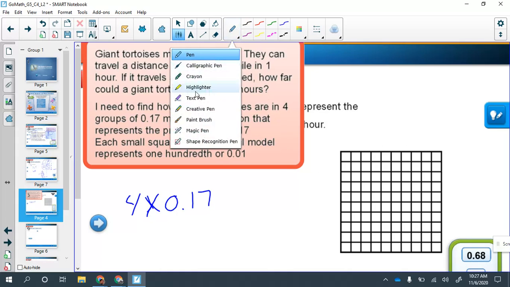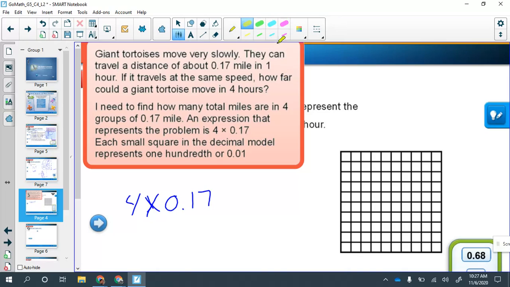So the first thing I'm going to do is grab a highlighter here, and we're going to work with green and blue. The first thing is I want to make a group of 17 hundredths. So I know that is 1 tenth. And then on top of that, I need another 7 hundredths.